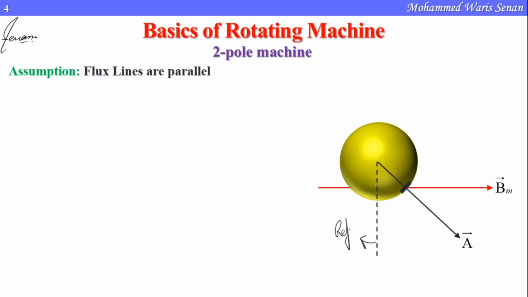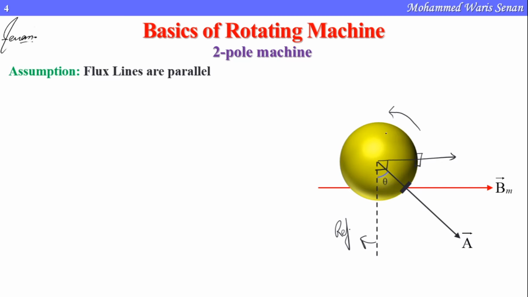Let us consider the area vector making an angle theta with the reference line, and when the rotor rotates in the anti-clockwise direction, this theta will increase. If the concerned area is here, the area vector will be like this, and the angle theta in this case is 90 degrees. We call this the rotation angle.